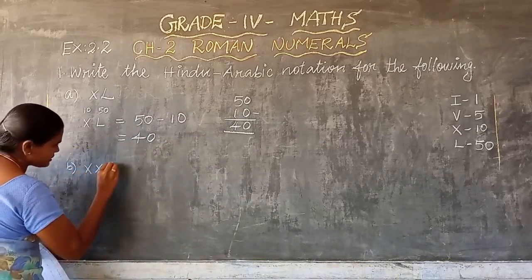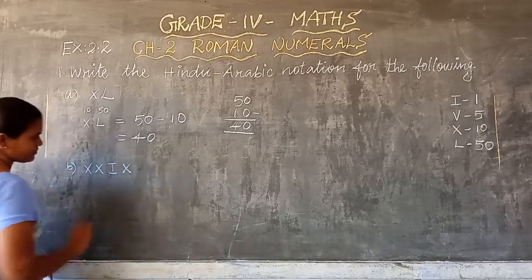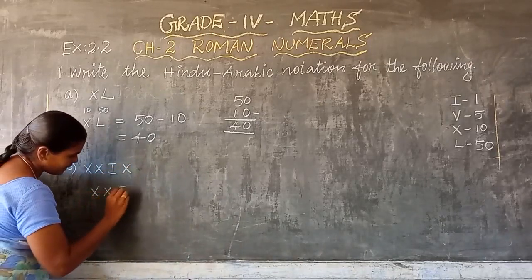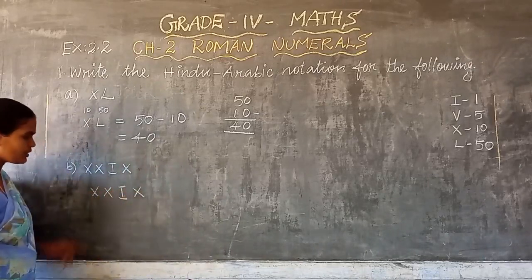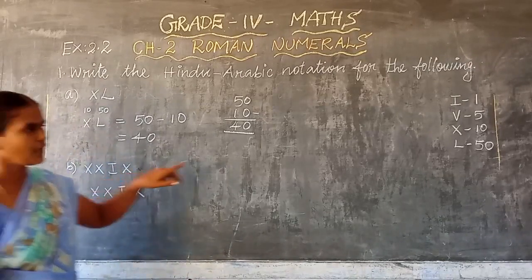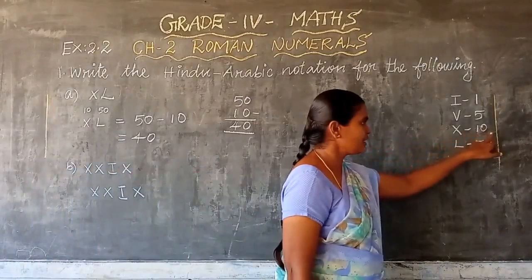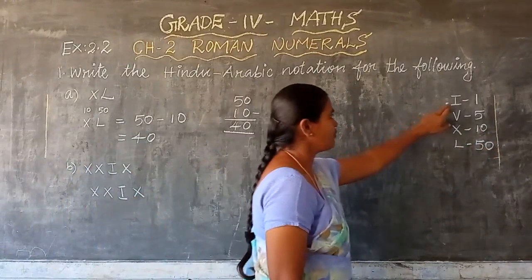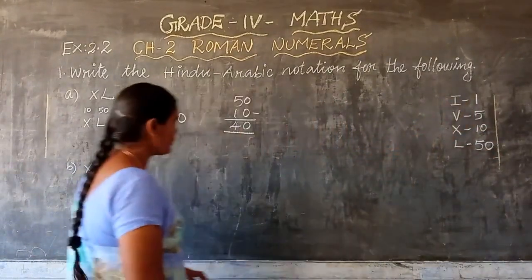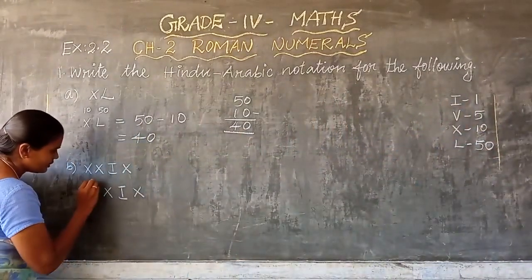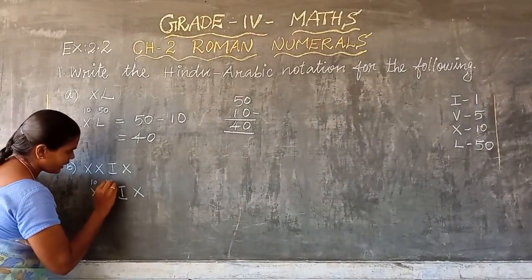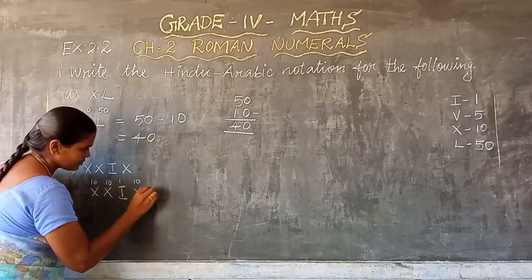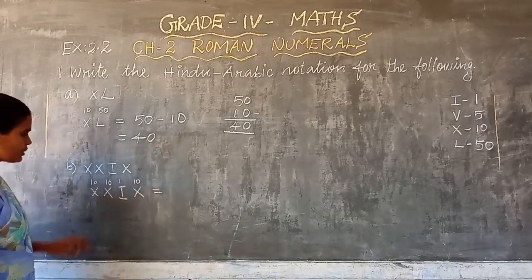X, X, I, X. See here. X, X, I, X. So what is the value of X? Value of X is 10. Next, here given I. Value of I is 1. So write here X 10, X 10, I value 1, X 10. Look at here.